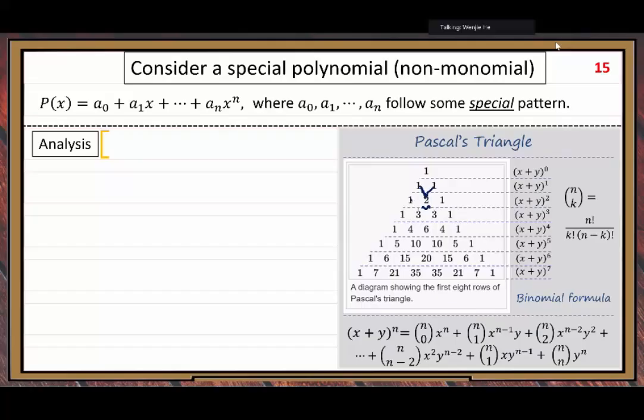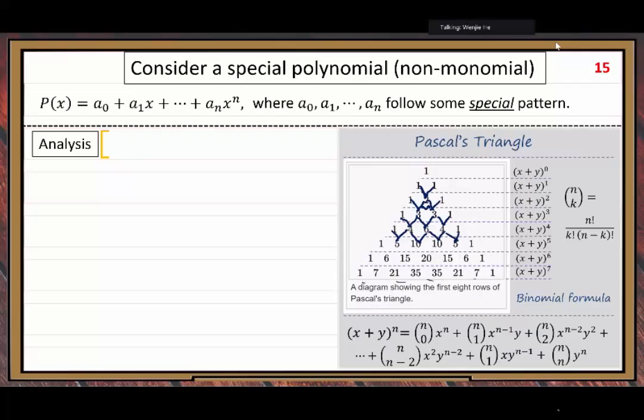This 3 is 1 plus 2, the 2 numbers on its shoulders. It is true everywhere. So that's what we call Pascal's triangle.